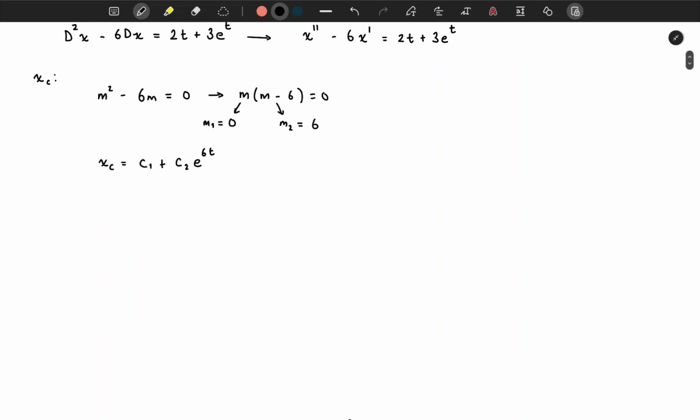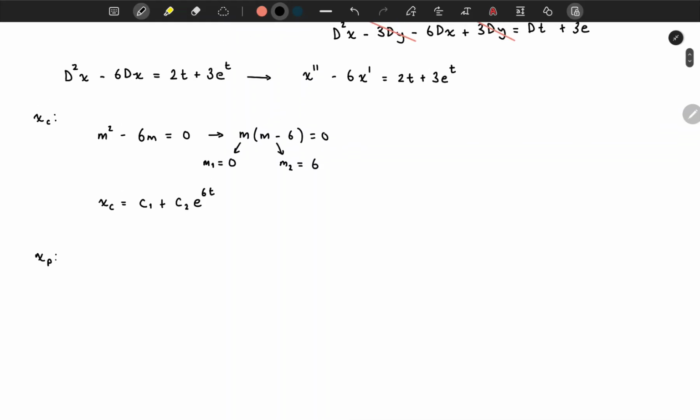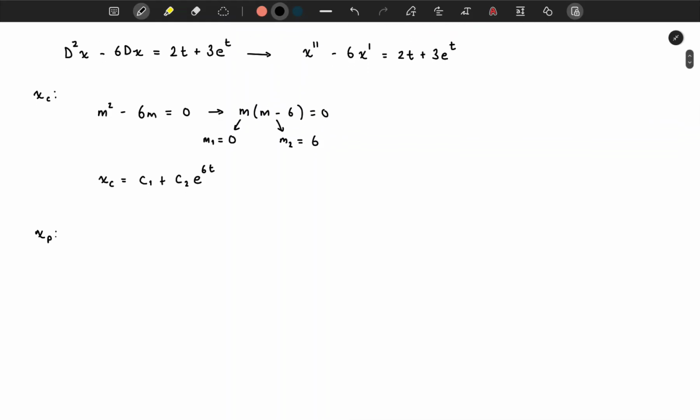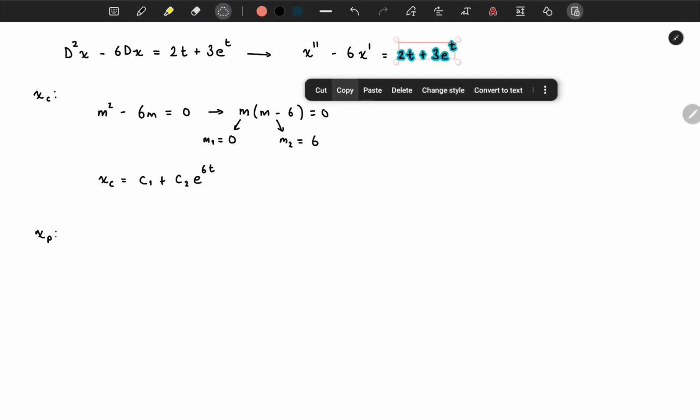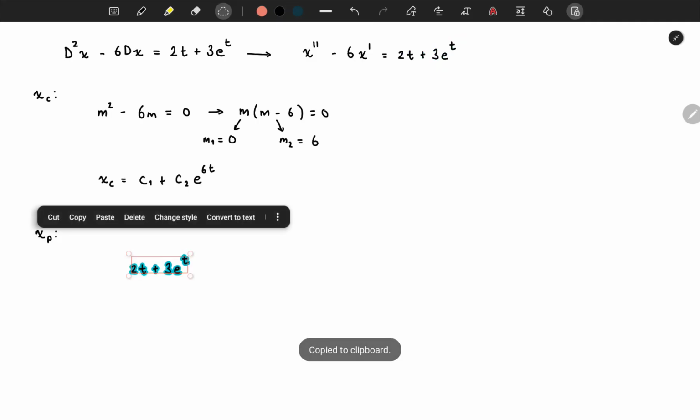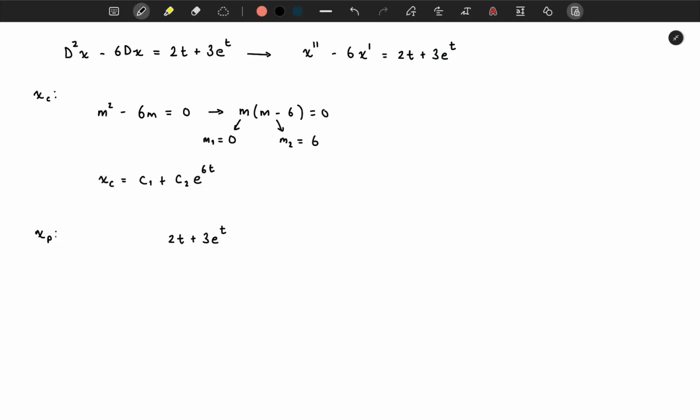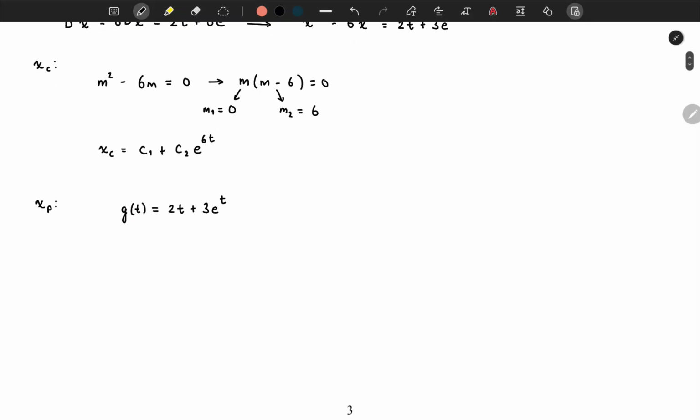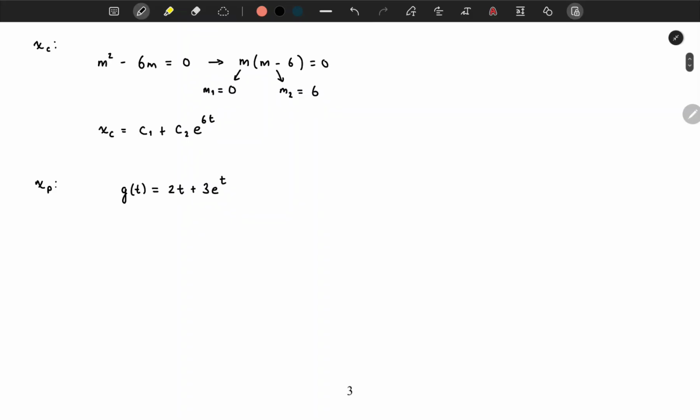Now we need to find our xp. We have to use a guess function initially to start off. What are we basing our guess function off of? We're basing it off of this, and let's call this function g of t. In g of t, we have 2t.